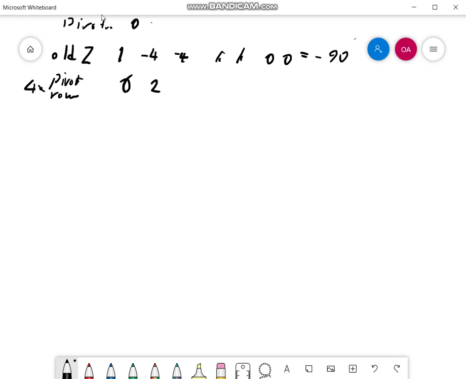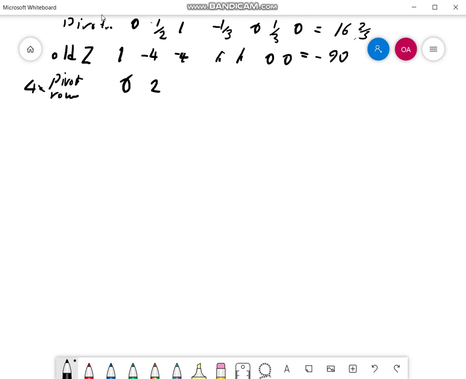So 0, half, 1, minus 1 over 3, 0, 1 over 3, 0, which is equal to 16 and 2 over 3.